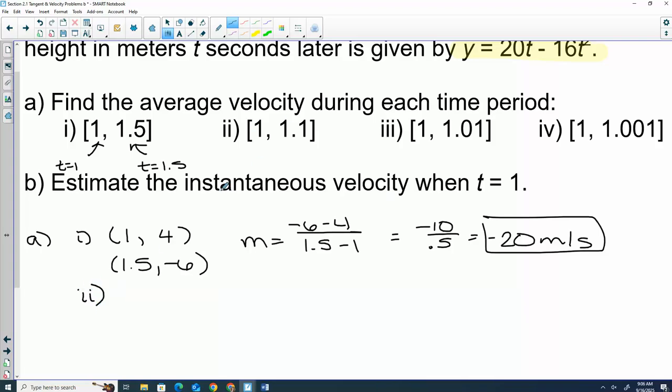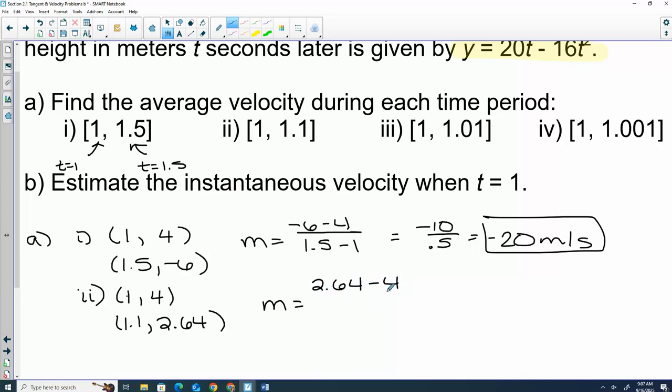Okay, if I wanted between 1 and 1.1, so I know 1, 4 is a point. If x is 1.1, so we have to plug 1.1 into our formula for the t. 13.64. So now we do slope.